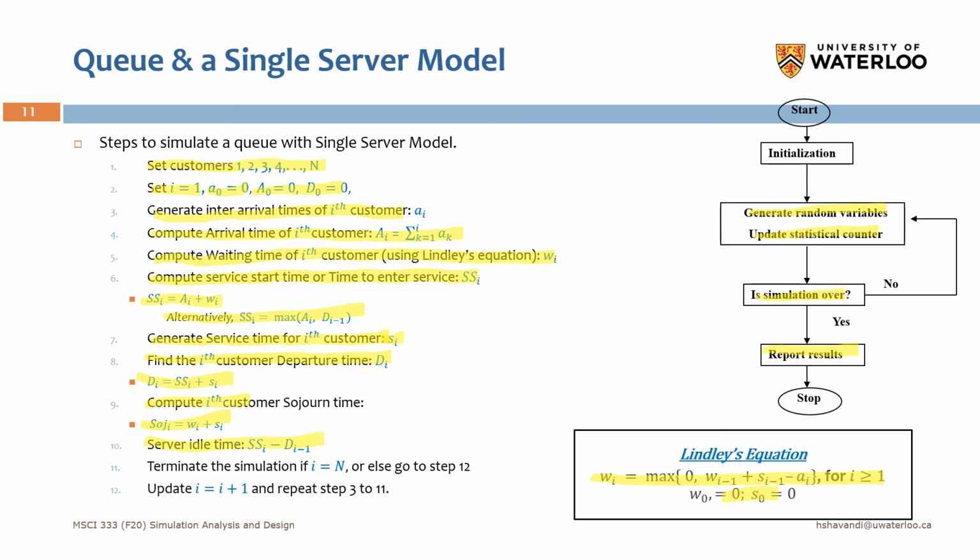I mean if the start of service for customer i is going to be greater than the departure time of the previous customer, then in this case the server will be idle. Other than that, there will be no free time. And we terminate the simulation when i becomes n, and that's it. So this is how the simulation algorithm works for this system.